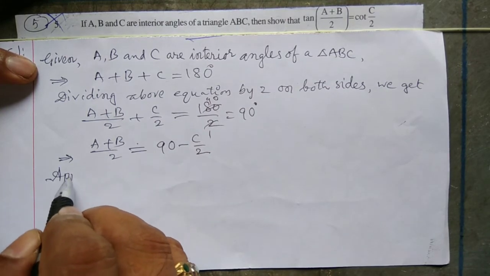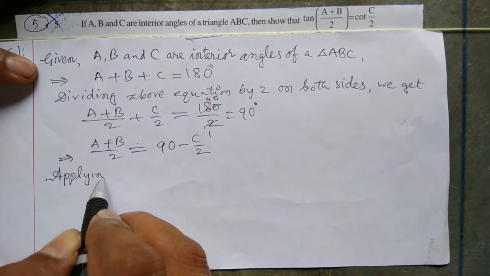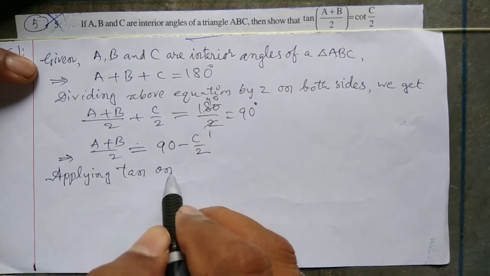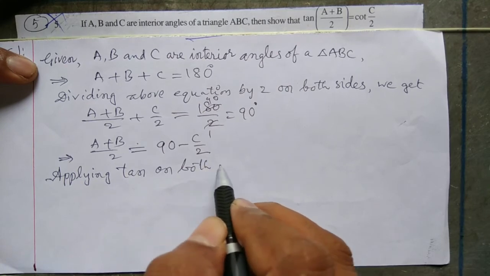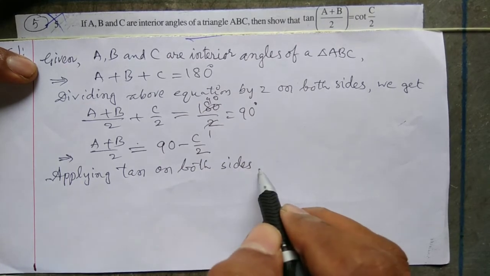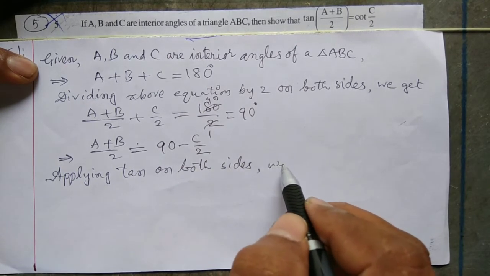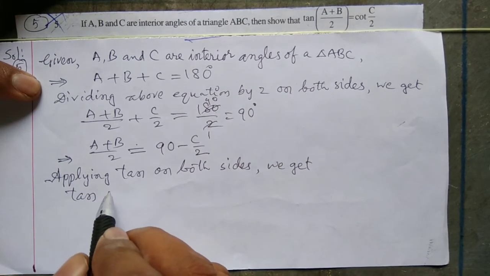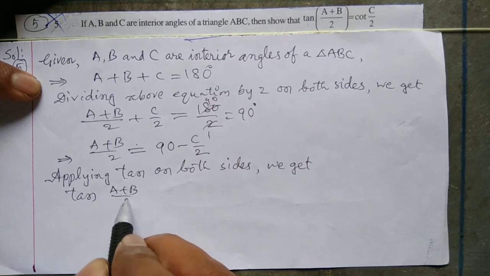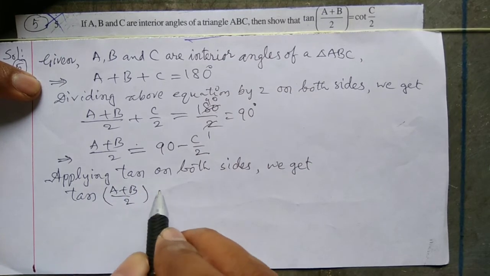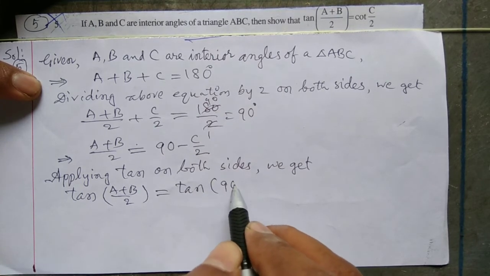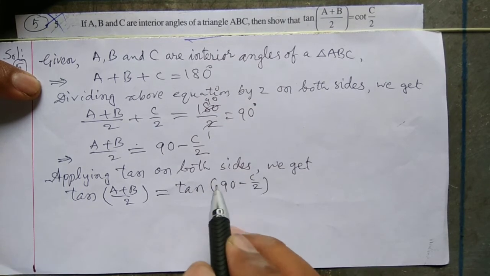Applying tan on both sides, we get tan (A plus B) by 2 is equal to tan 90 minus C by 2.